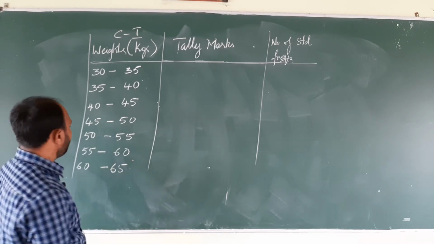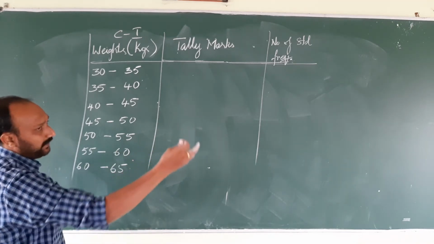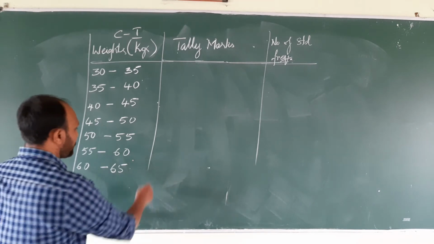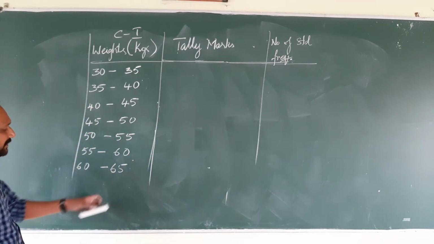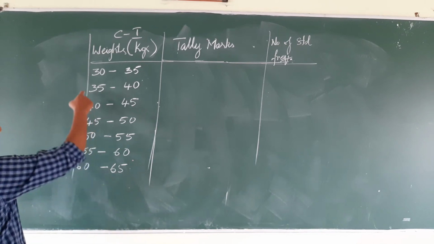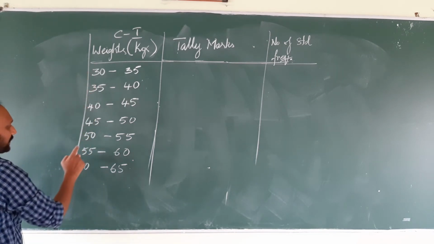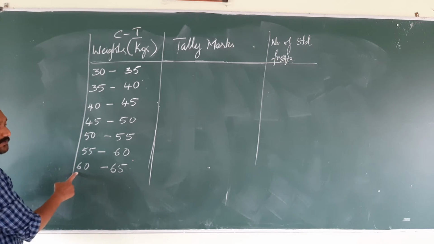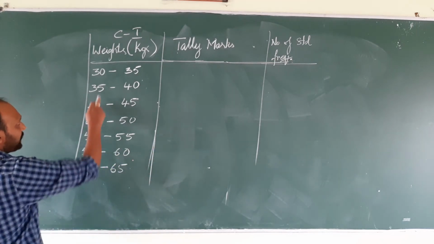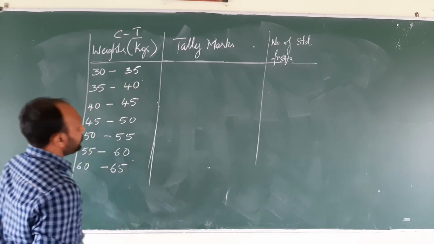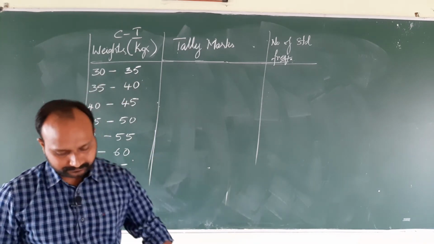The highest value among all the 50 values is 62 or 64, so we will go only up to 65, that is enough. How many classes do we have? 1, 2, 3, 4, 5, 6, 7, totally 7 classes. So, according to Sturges' rule also, we got approximately 7 classes. And the width is 5. Now, we need to put the tally marks.